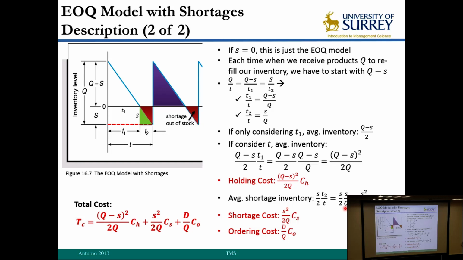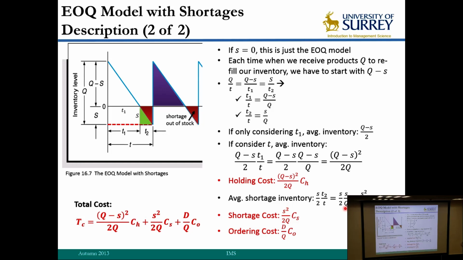If the shortage cost is CS, we multiply it by the average shortage quantity, so that's the shortage cost. And also the ordering cost is the same. How many times do we need to order? D divided by Q, so this is the ordering cost. Okay, so if we know the holding cost, shortage cost, and ordering cost, we add them together, so that's the total cost for this case.